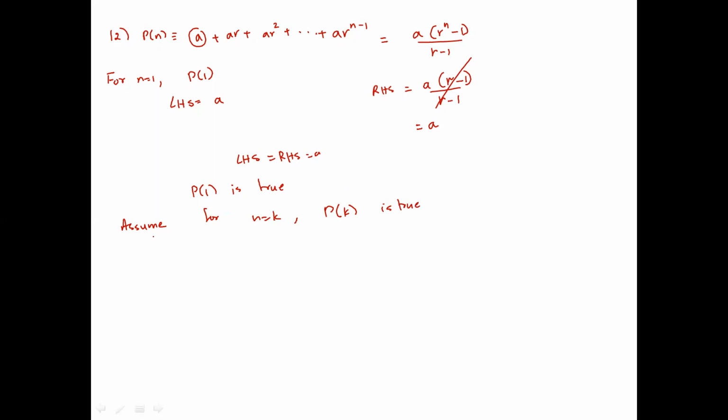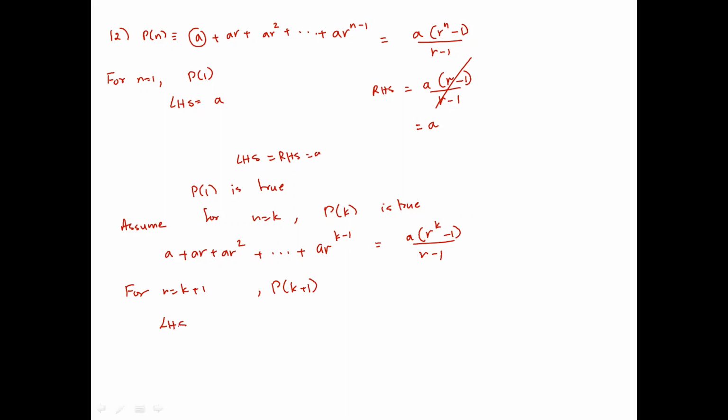Because P of k is true, on the left side, a plus ar plus ar squared, and so on, up to ar power k minus 1, because I have to put n as k. On the right side also, I will put n as k: a into r power k minus 1 by r minus 1. Now, for n equal to k plus 1, I will take P of k plus 1.